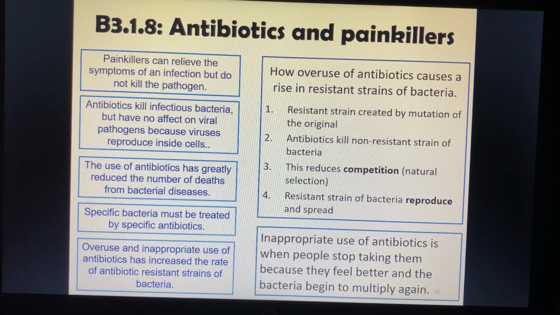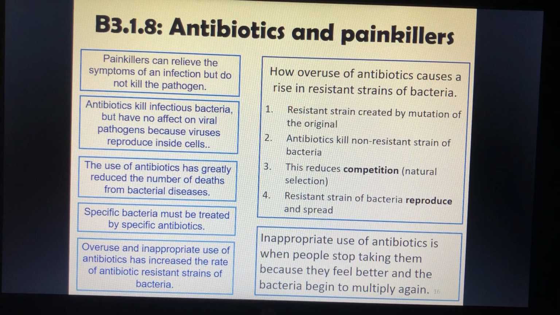They're going to get to all the resources because all the other bacteria have been killed, and then that population of the new strain will reproduce rapidly. So this is why we shouldn't have antibiotics when we can allow our body to fight things itself.